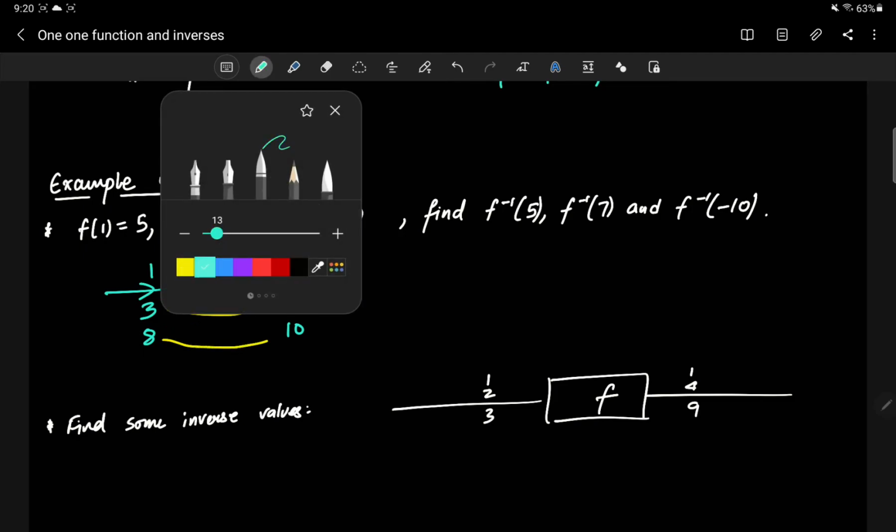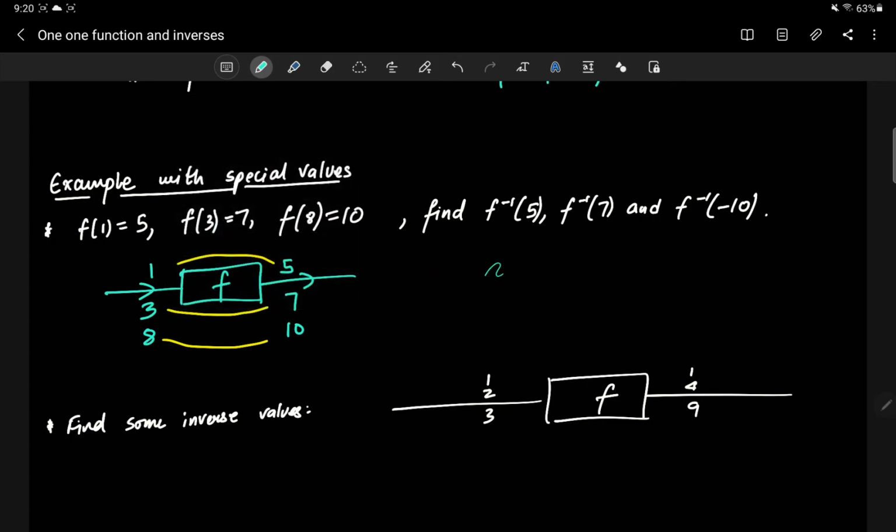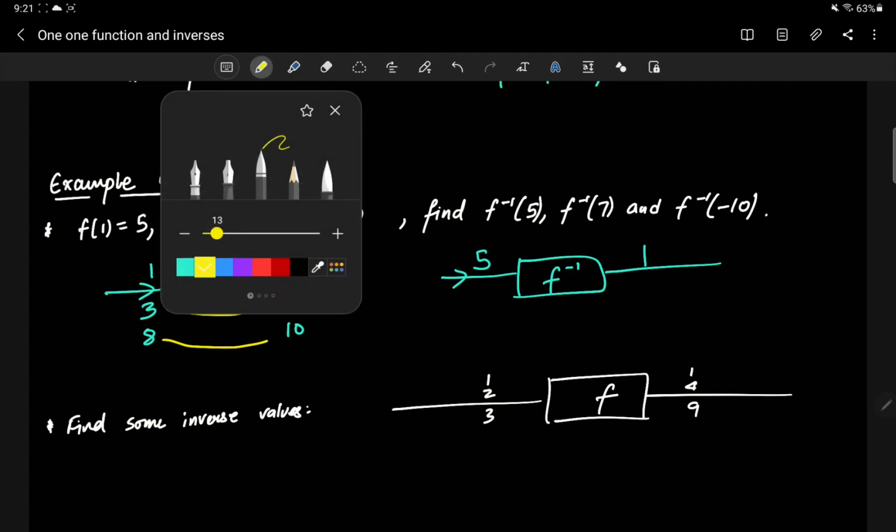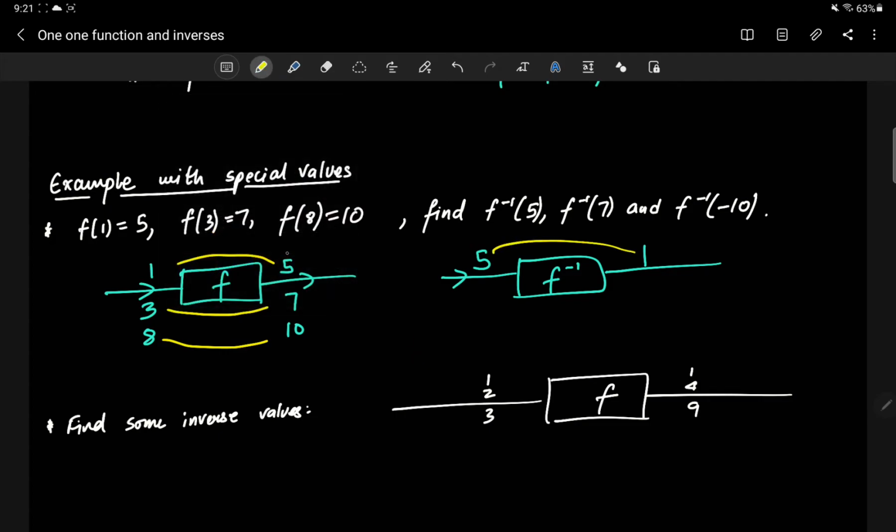Now to find the inverse of the function, written as f to the power -1, and we read that as f inverse, if my input is 5, it's going to give me as output 1, which was the input in the previous case. So you see how the input and the output have been flipped.